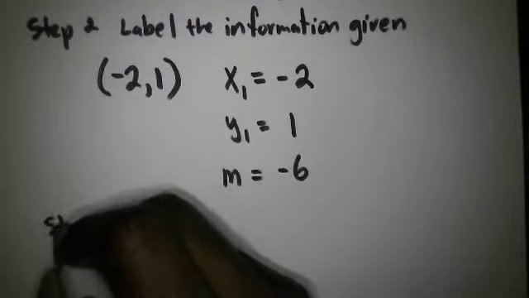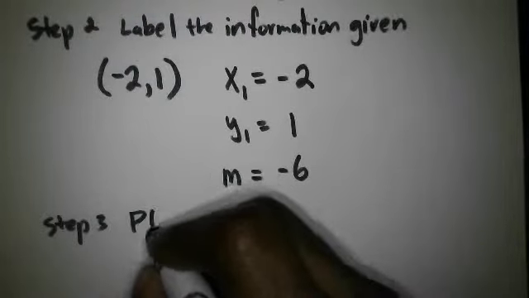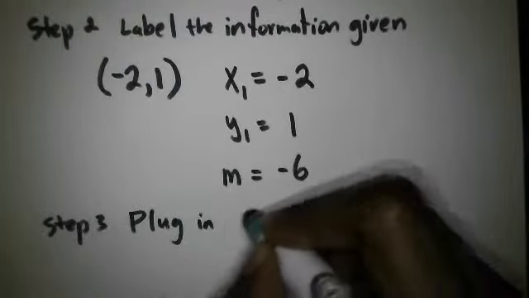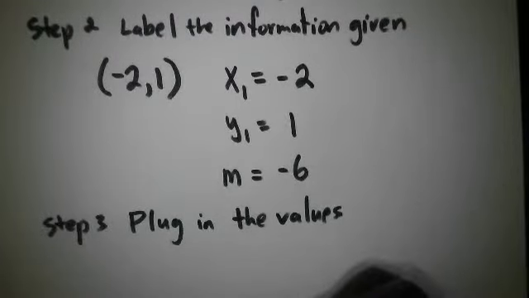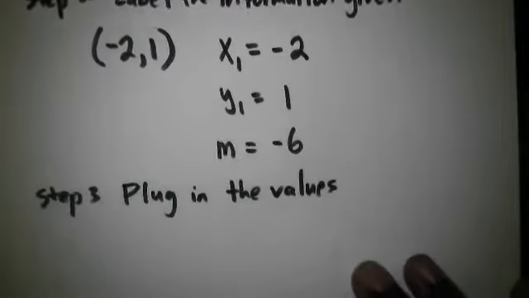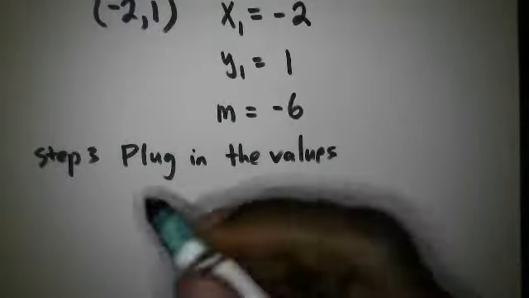Let's look at step 3. What we're going to do is plug in the values. Just like what we did before, we're going to plug in the values into the equation.